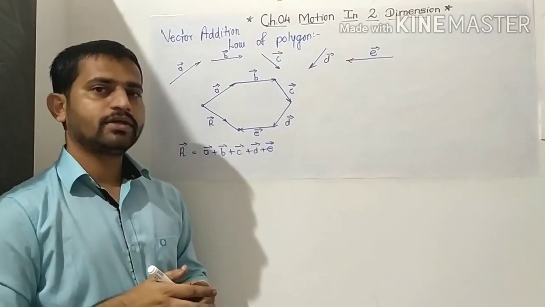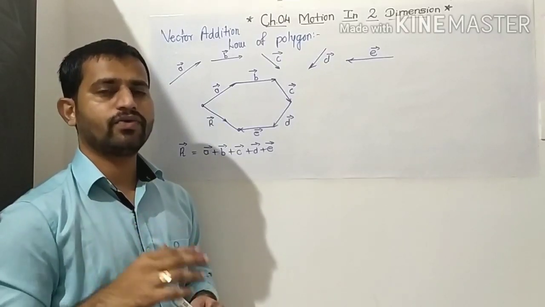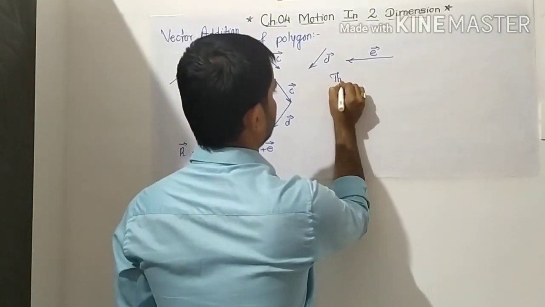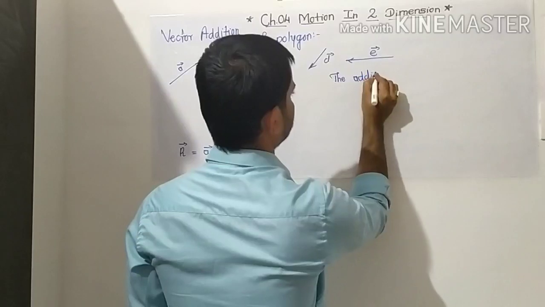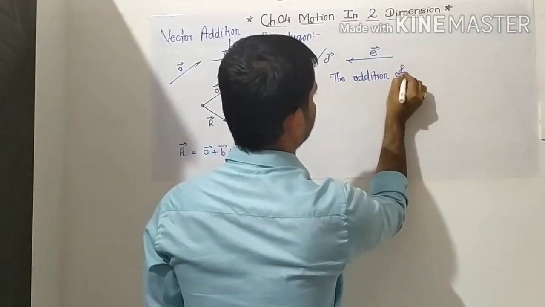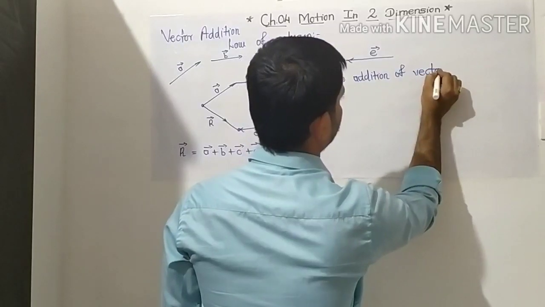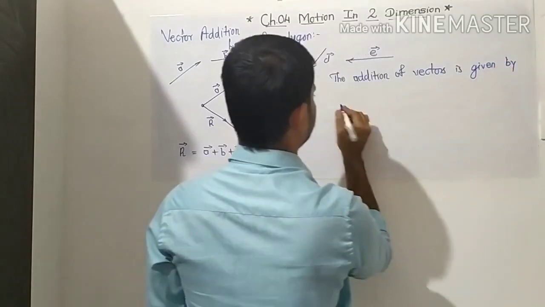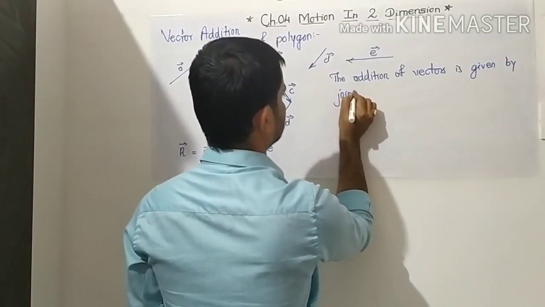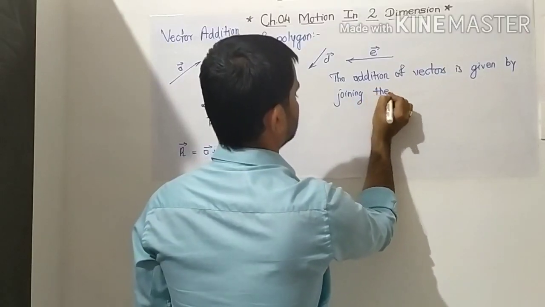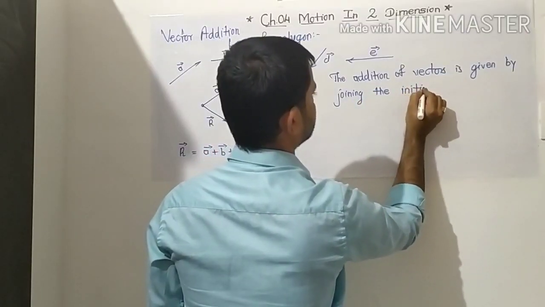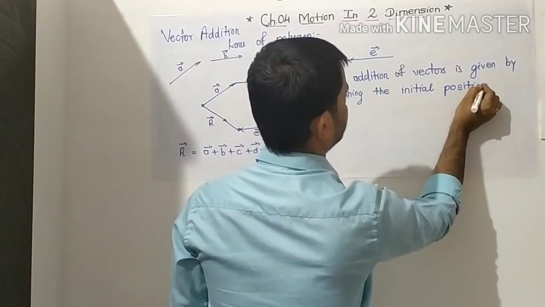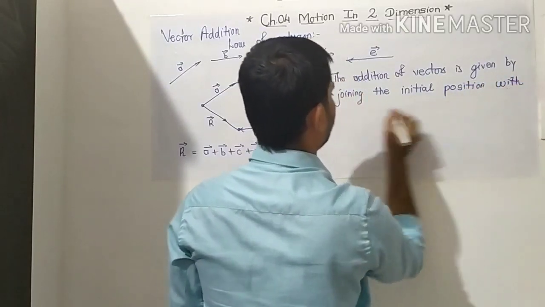So in this case, more than two vectors are given, and we have to go by the law of polygon, that is, the addition of the vectors is given by joining the initial position with the final position.